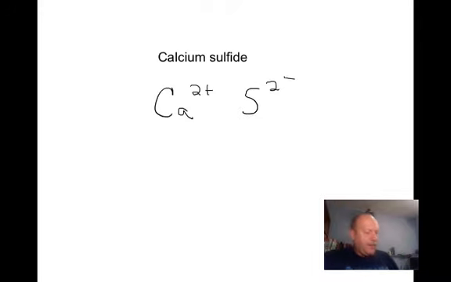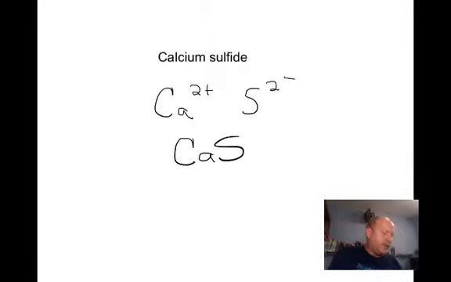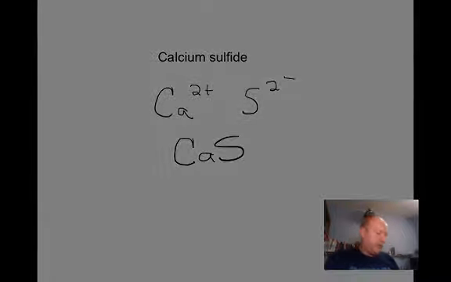If you say, let's crisscross them, you would get Ca2S2, but remember, with ionic compounds, we always want the lowest whole number ratios. We're always talking about those simplest ratios. The easiest ratio is 1 to 1 because the 2+ cancels the 2-. So the correct formula is CaS for this one.